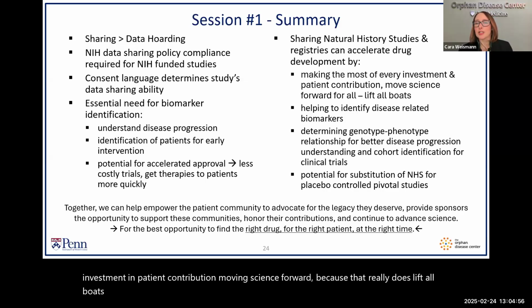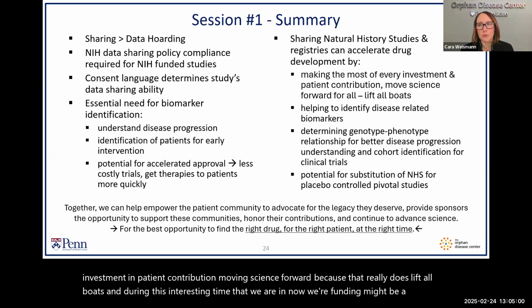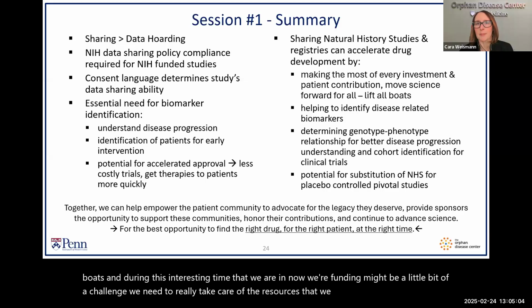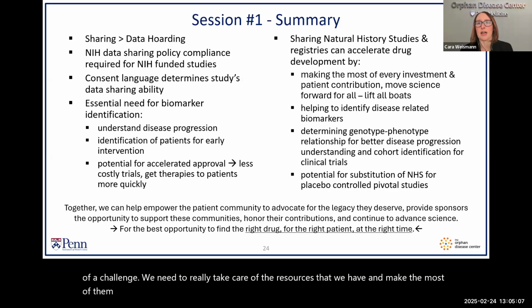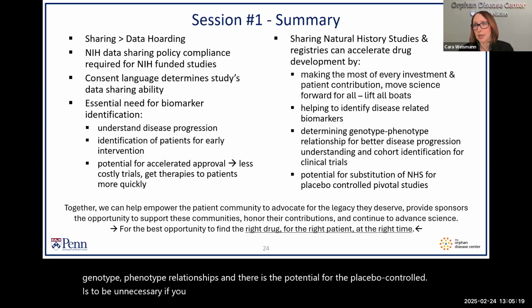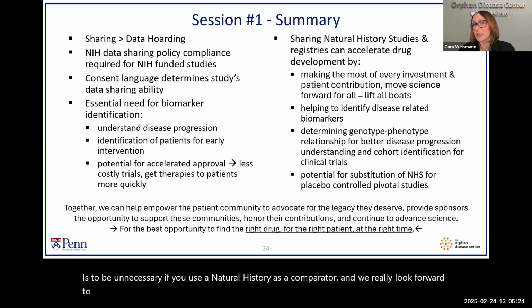And during this interesting time that we are in now, where funding might be a little bit of a challenge, we need to really take care of the resources that we have and make the most of them. We can help to identify disease-related biomarkers in those studies, and again, genotype-phenotype relationships. And there's the potential for placebo-controlled studies to be unnecessary if you use natural history as a comparator. We really look forward to that opportunity in a lot of these diseases, specifically in our rare diseases.